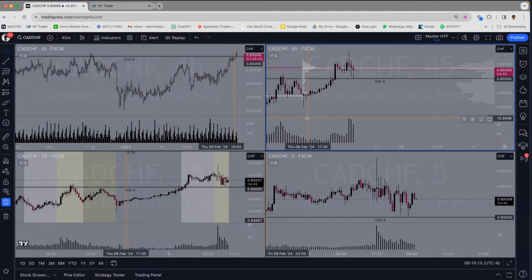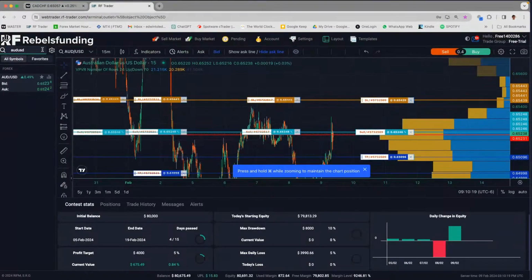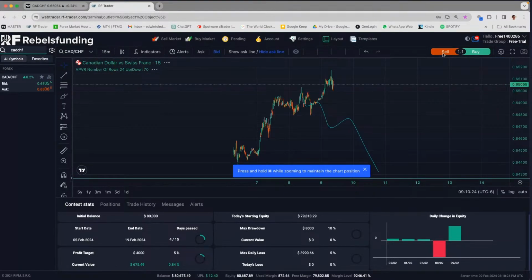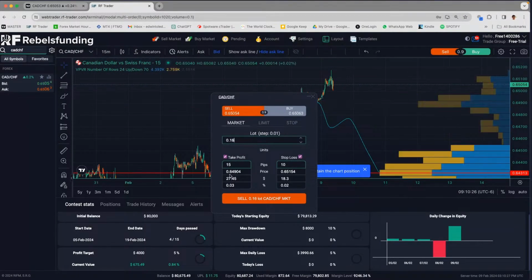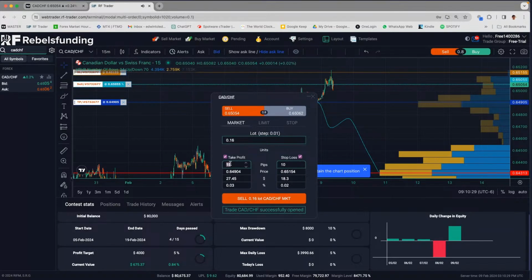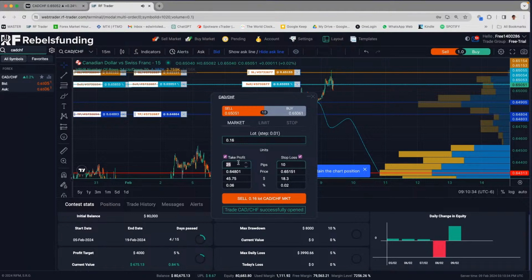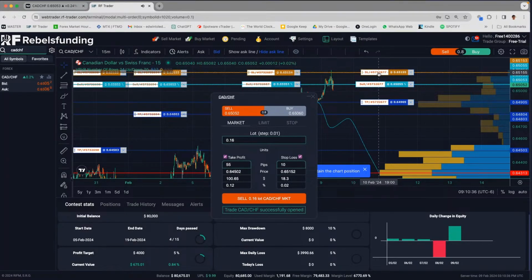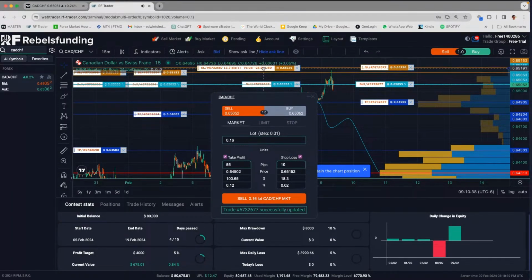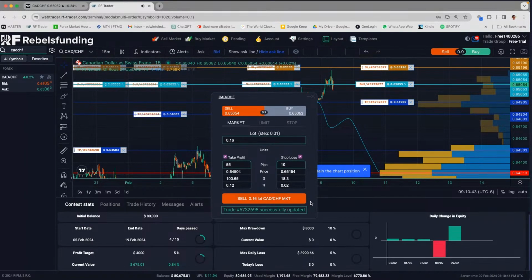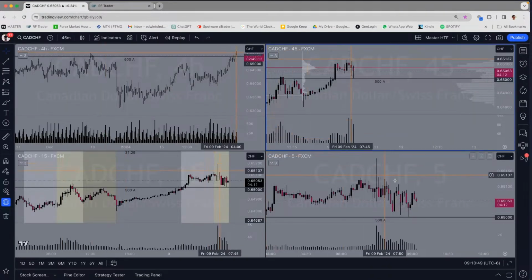Let's sell CAD CHF 0.16. And we are going to have to adjust the stop loss just a little bit on top of that wick. High probability setup, I think.